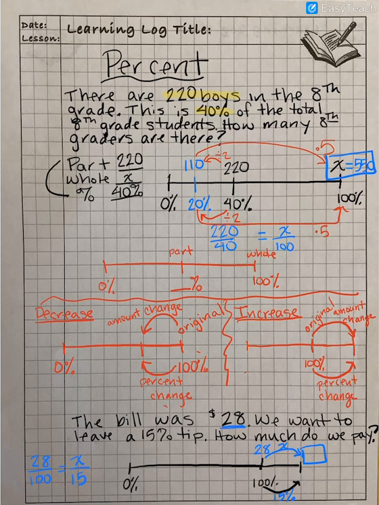You have options on how you could do this. We could use cross multiplication, do 15 times 28, and then divide by 100. Or we could divide 28 and 100 each by 20 to find 5%.